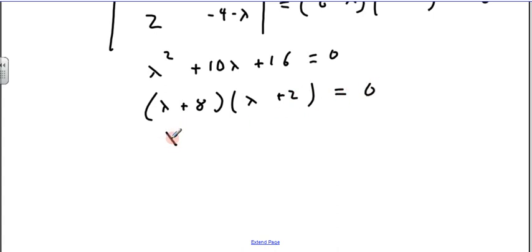So I have eigenvalues minus 2 and minus 8.